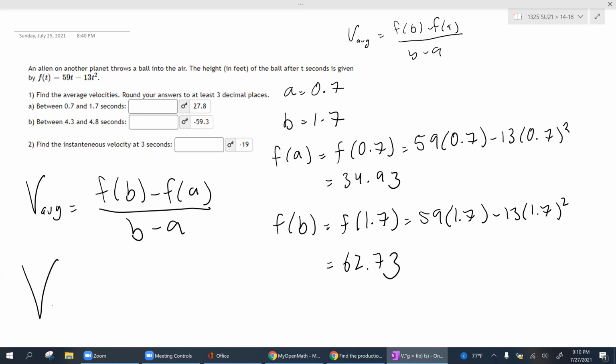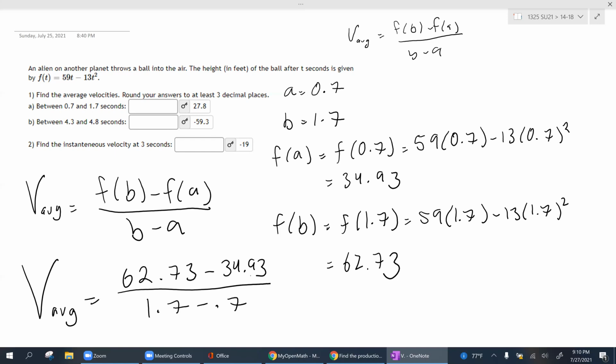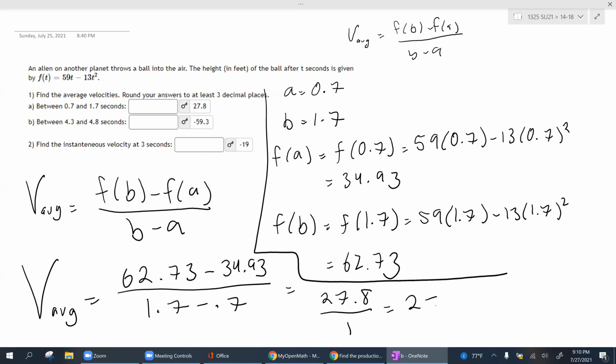and hey, you now have everything you need to use that formula. So we're going to go ahead and do 62.73 minus 34.93 all over b, which was 1.7 minus 0.7. 62.73 minus 34.93 gives me 27.8 divided by 1, which is just 27.8.